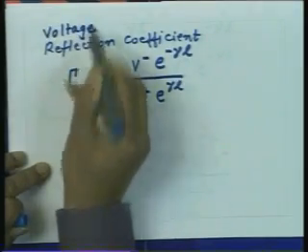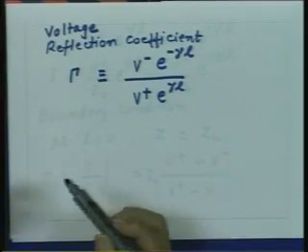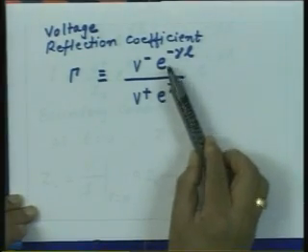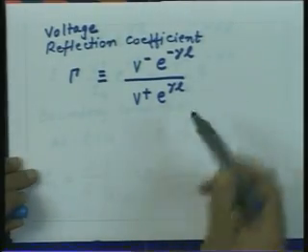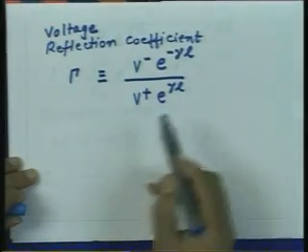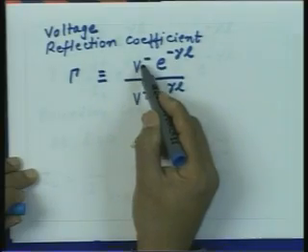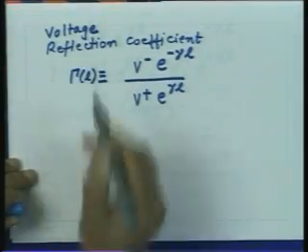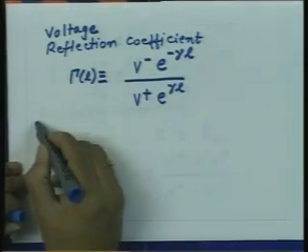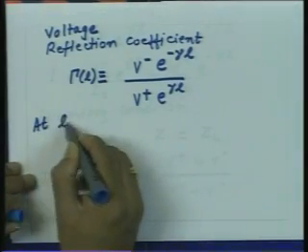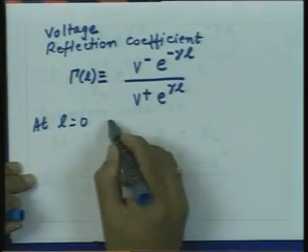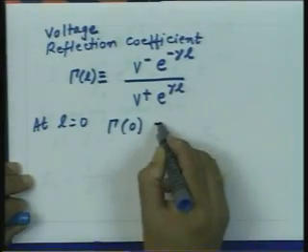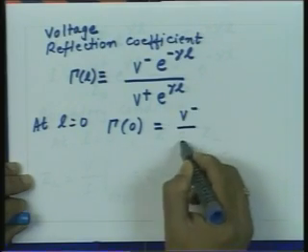So, we have a parameter, the voltage reflection coefficient, which is the ratio of the backward travelling wave to the forward travelling wave. At L equal to 0, the value of the reflection coefficient will be V minus upon V plus. In general at location L, the reflection coefficient is defined like this, but at L equal to 0, gamma, the reflection coefficient at 0 distance, that means at the load point, will be equal to V minus divided by V plus.